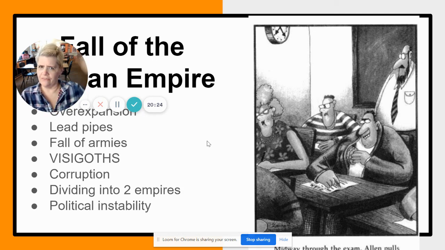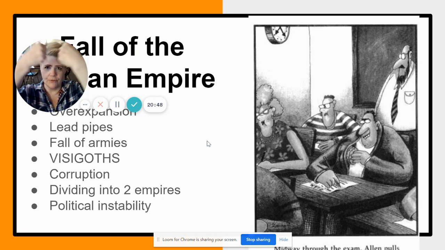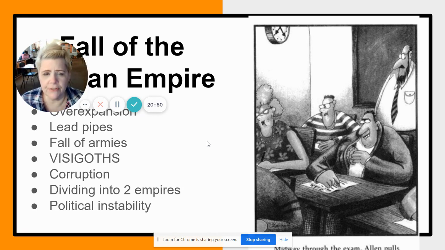And then the Visigoths from the north came down, invading and taking over the northern part of the Roman Empire. Corruption of the political officials, dividing the empire into two different empires, and then the political instability of the empire, not being able to handle the fact that it's so big, and the two leaders butting heads against each other for control.